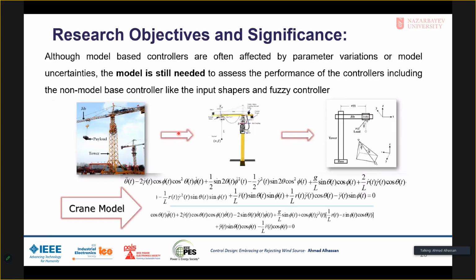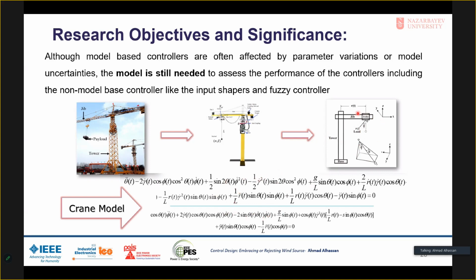So this system is normally represented like this: if we assume this is the real physical system, we need to make it like the laboratory one. And from there, we can have the equations, which will be the physical laws based on the schematics, and we can generate our equations.